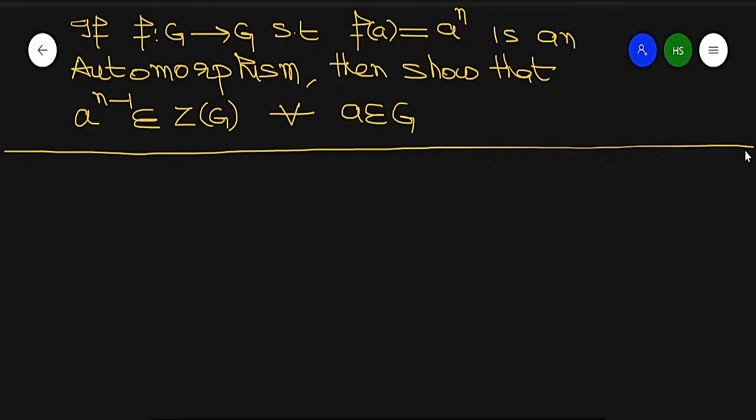Now, to prove this result, we consider the solution. We consider f of a inverse x a. Now, f is an automorphism, so I consider a raised to power minus n, x, and a raised to power n.